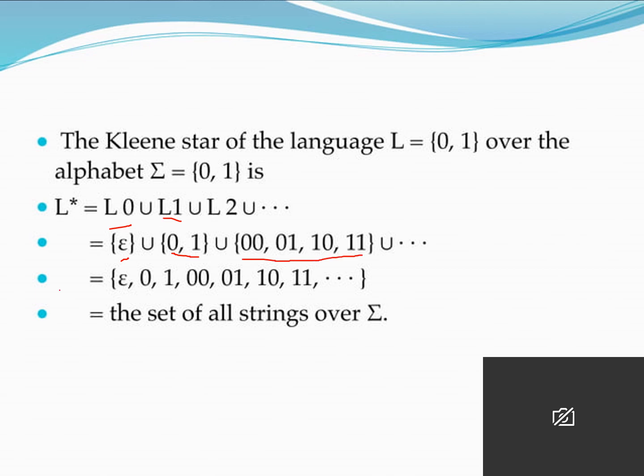So here we are going to gather all the strings together. Along with the summations, we are going to gather or join all the inputs presented in the various languages, and this is known as Kleene star.